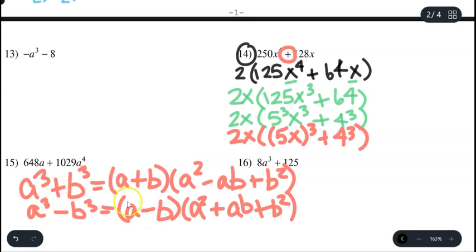Whatever you have here is your lead operation. So if it's a sum of cubes, your lead operation is addition, and then the first operation in the trinomial factor is subtraction. If it's a difference of cubes, the lead operation would be subtraction, and in the trinomial, your lead operation would be addition. So that's the only difference between the two. However, we're looking at a sum, so let's factor this out.